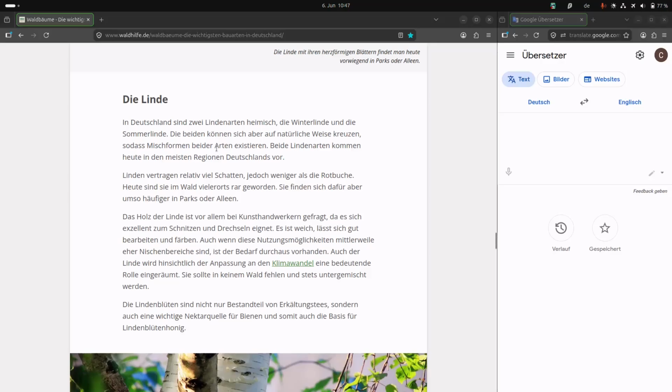So, Arten, species, existieren, exist. So, die beiden, they both, können, can, sich, themselves. In German, sich is always the same, I think, if it relates to something. In English you would also have to gender, so they, themselves, it, itself.